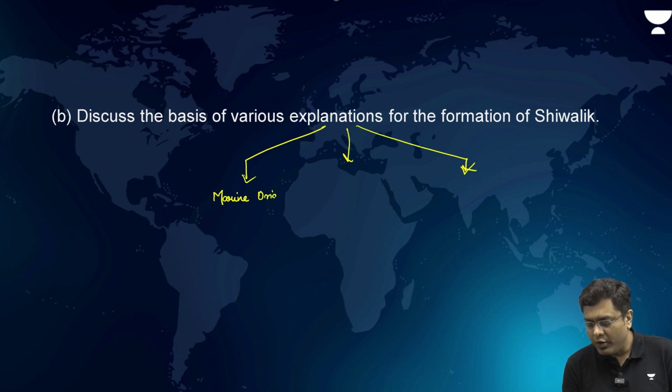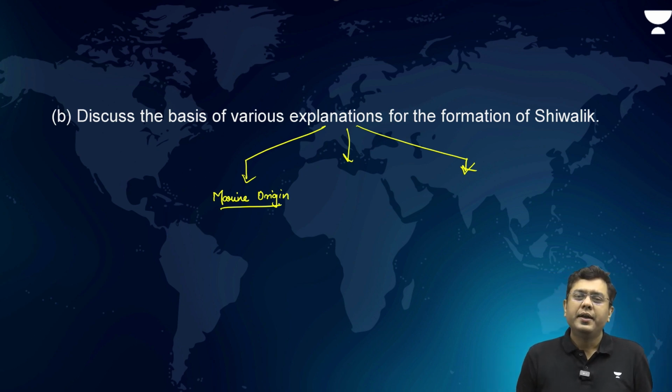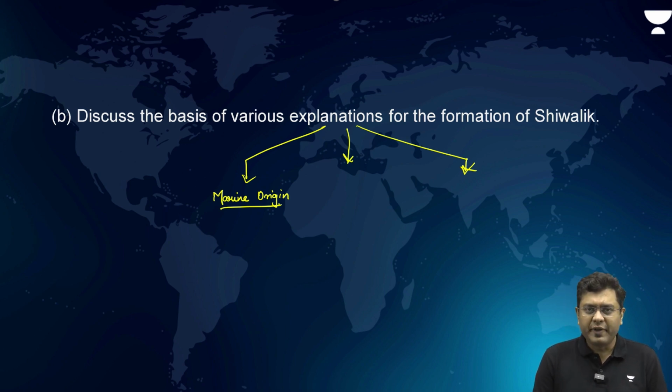So, marine origin, the upliftment. Okay? This is one of those. Then the other theory which is provided is the Indo-Brahm theory, which has been proven to be not very correct.